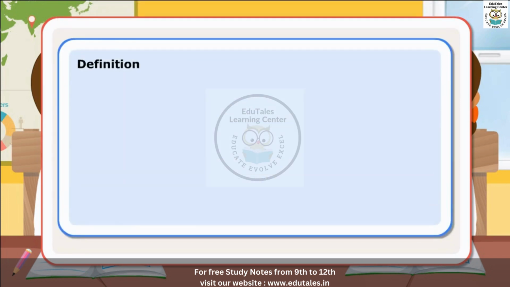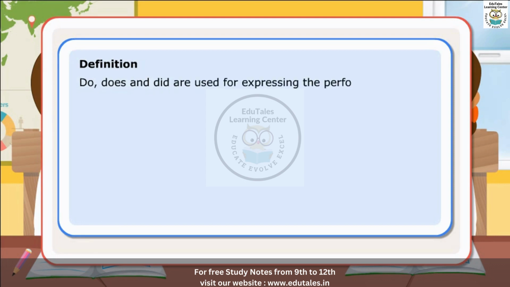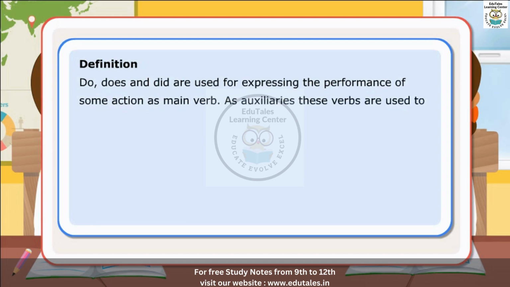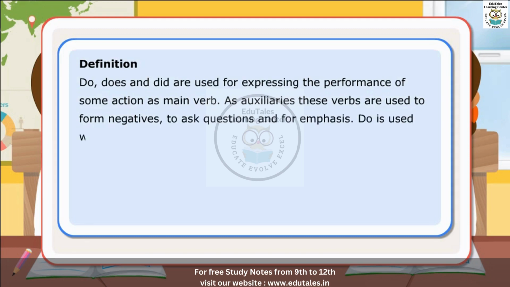Definition. Do, does, and did are used for expressing the performance of some action as main verb. As auxiliaries, these verbs are used to form negatives, to ask questions, and for emphasis. Do is used with I, we, they, you, and all plurals in present tense.